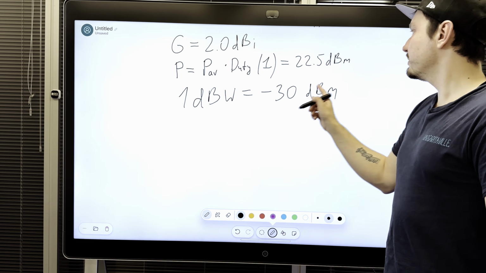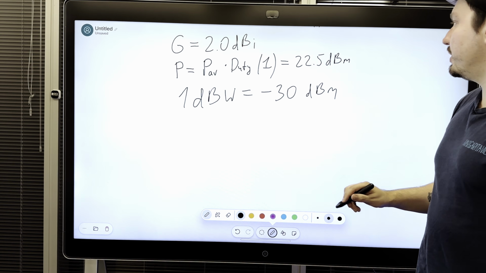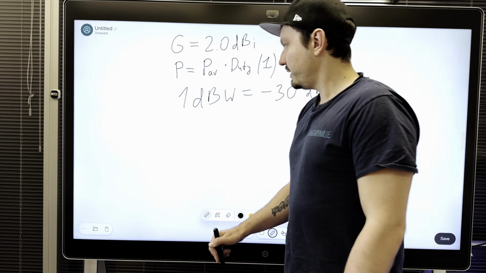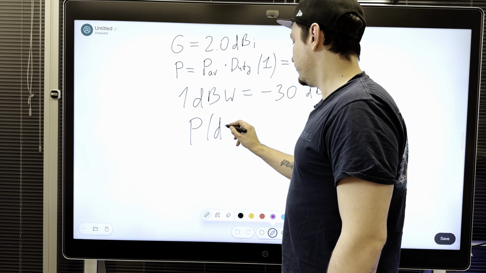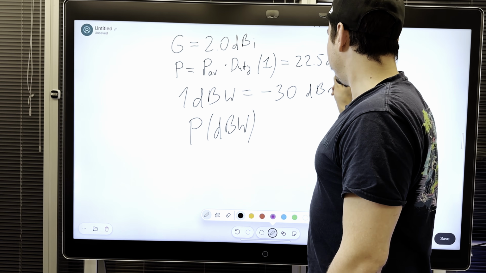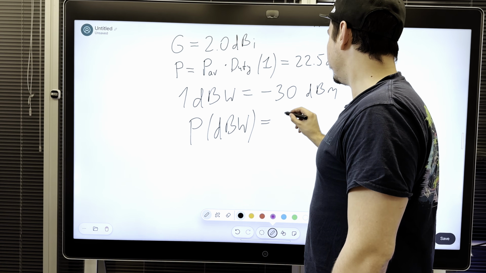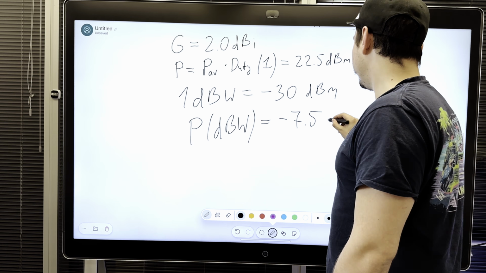In other words, we can simply subtract 30 from our dBm value, and then we will obtain our power in dBW as 22.5 minus 30 equal to minus 7.5.